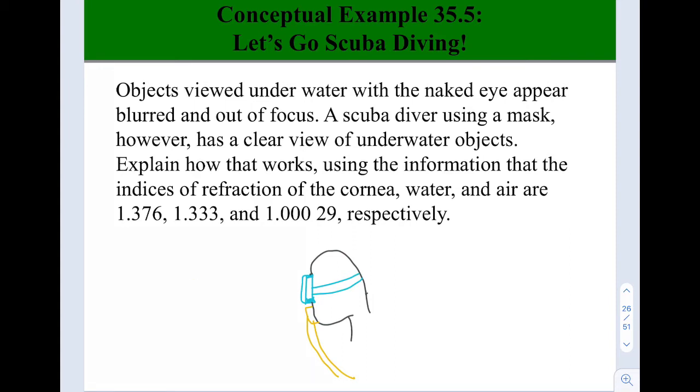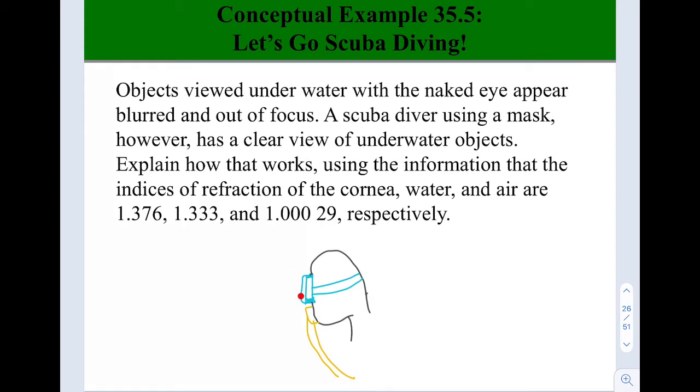In this case, the light ray from an object focuses behind the retina, resulting in a blurred image. When a mask is used, however, there is an air space between the object outside under the water and our cornea.